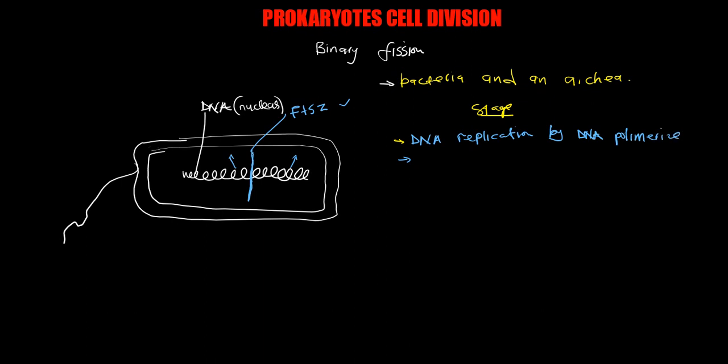DNA polymerase is going to cause the DNA to replicate. Once the DNA replicates, the stage that we need to undergo after this is the use of FtsZ, the formation of the septum in the middle here.